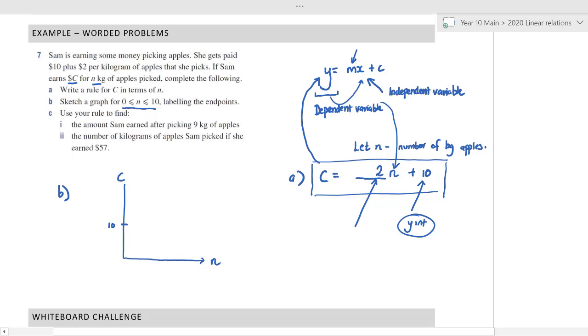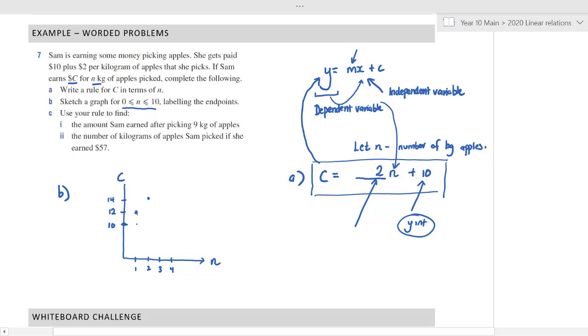So in other words, as we go up by 1, if I go 1, 2, 3, 4, now we could go ahead and sketch this. If I go across 1 and pick 1 kilogram of apples, then Sam's going to earn $12. Its gradient is 2, and it's going to look something like this. We could go up in 2s by the gradient.